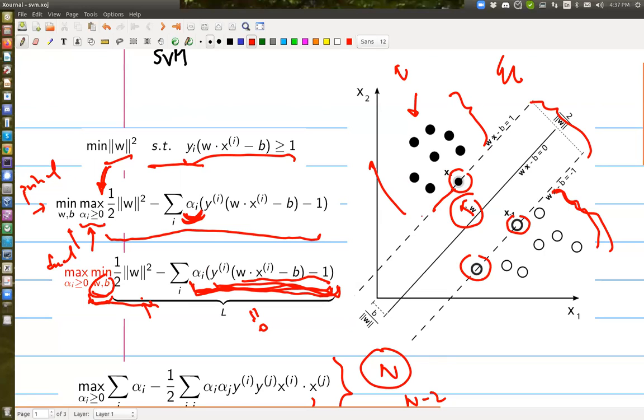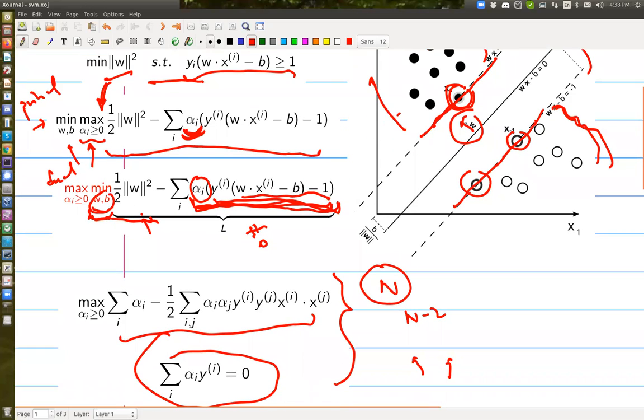So anywhere outside these two boundaries, this will be non-zero, which implies that alpha i will be zero in those places. So therefore you will not have a lot of support vectors. You only have quite a few support vectors, as you can visualize. Only for these places alpha i will be non-zero, so most of the alpha i will be equal to zero.